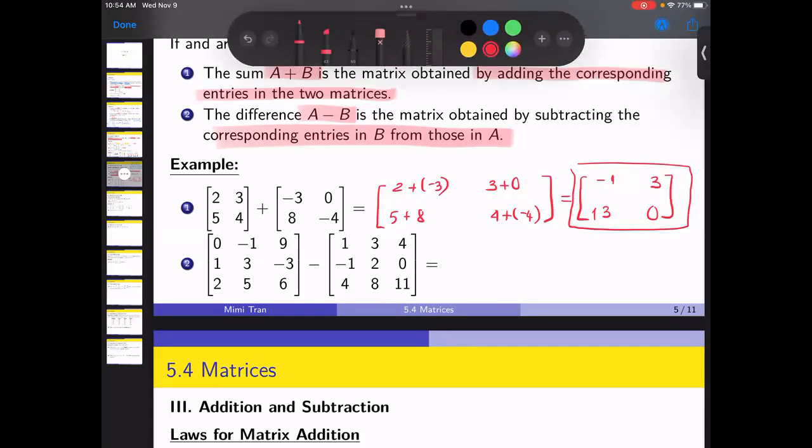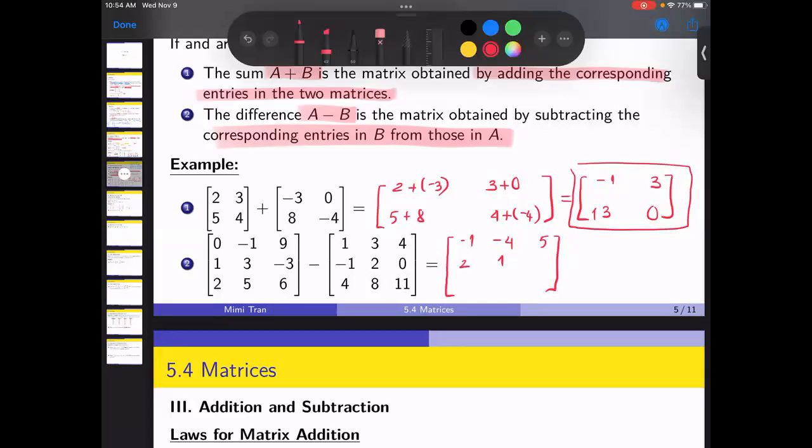All right, what do you guys have for number 2? Yeah, subtraction. 0 minus 1 is negative 1. Negative 1 minus 3 is negative 4. 9 minus 4 is 5. 1 minus negative 1 is 2, so be careful of that. 3 minus 2 is 1.